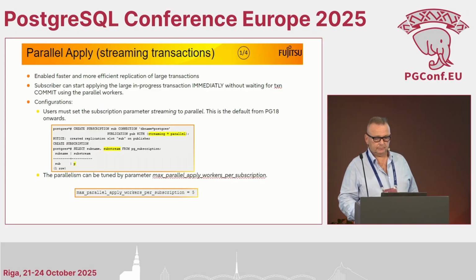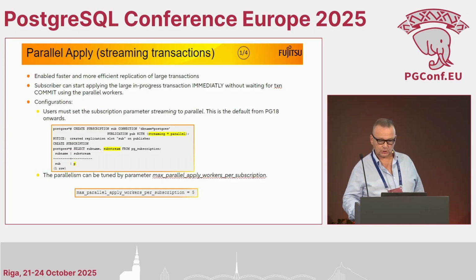So to enable parallel apply, we had to set some parameters, max_parallel_apply_workers_per_subscription and max_logical_replication_workers, to improve the degree of parallelism that we wanted to use, and obviously to define the pool size from which to draw. And then we manually added the subscription option streaming equals parallel.